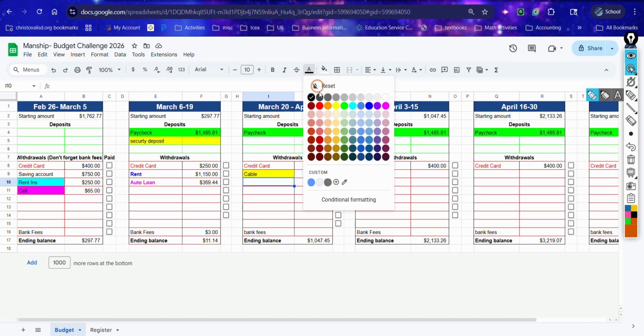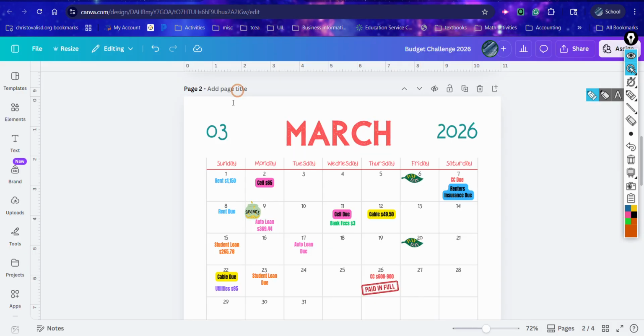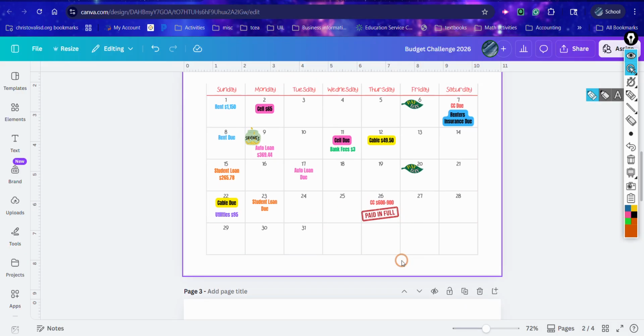And I changed that up. Okay. I still have $781.67 left. So I keep going and paying all my bills that I need to.